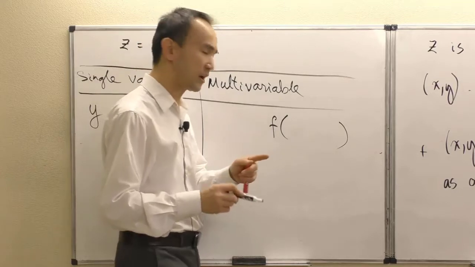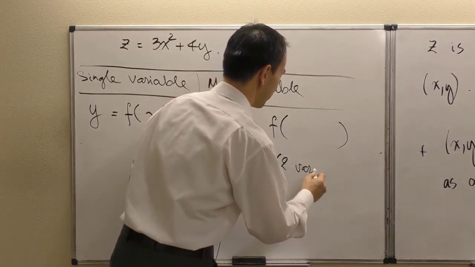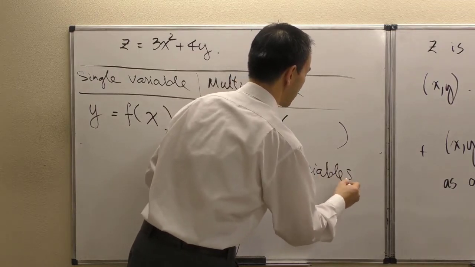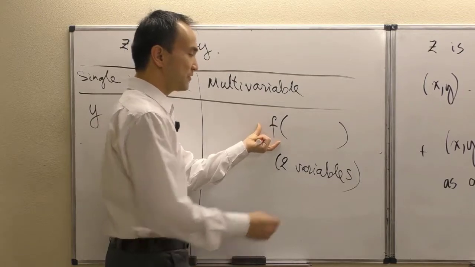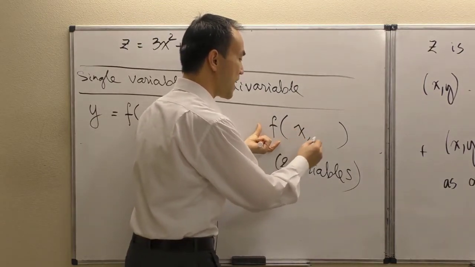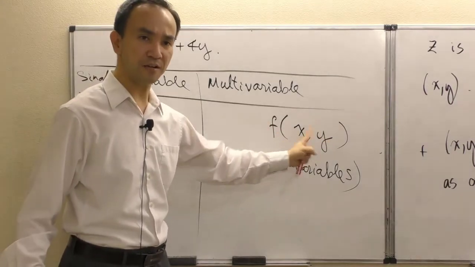But for now, in this case specifically, how about two variables? Two variables are responsible for your function, so we're going to indicate it as follows. f takes one pair of values, x comma y. So f takes one pair of values together.